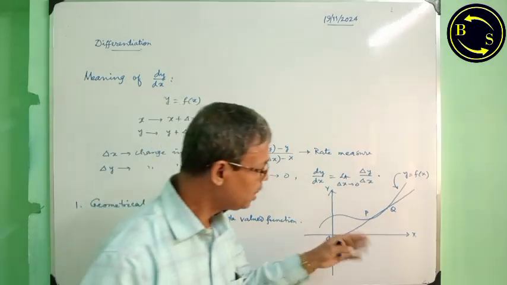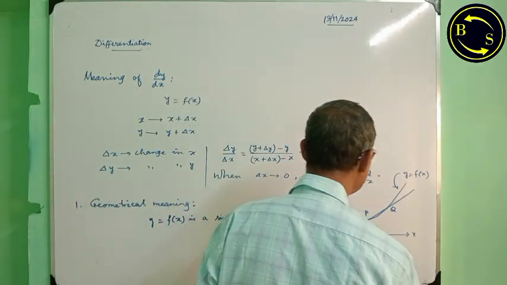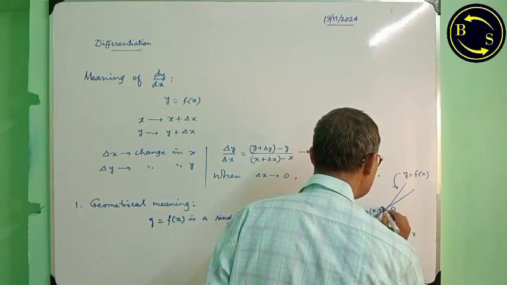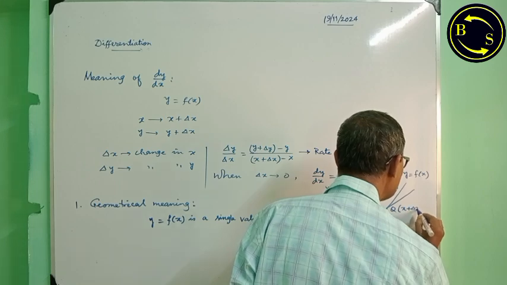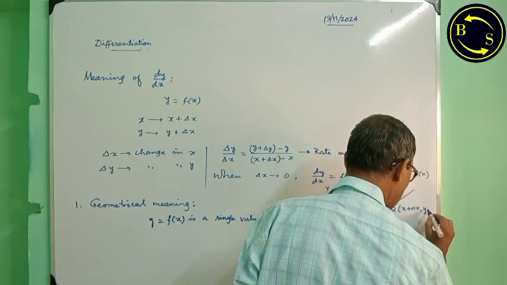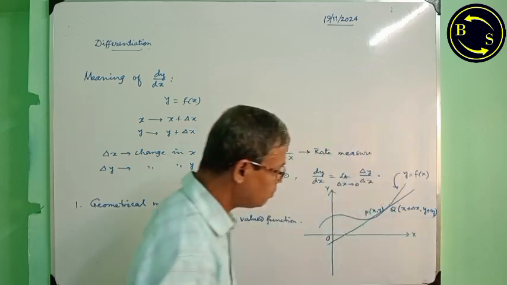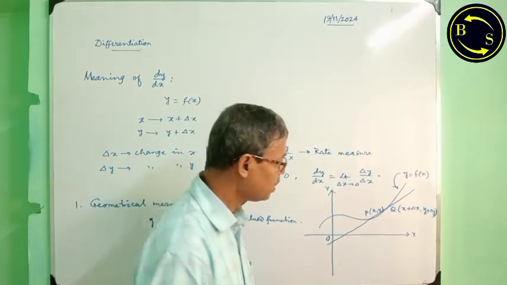Let P and Q be 2 points on the curve having coordinates (x, y) and (x plus delta x, y plus delta y). These are 2 neighboring points.